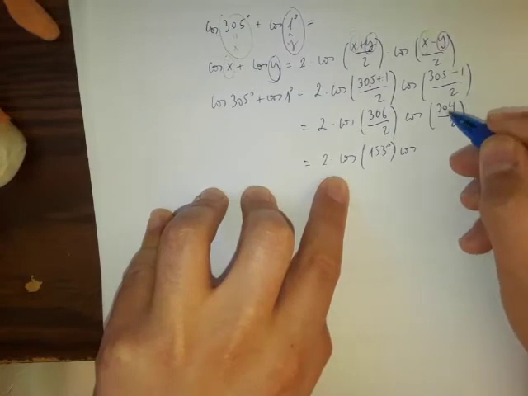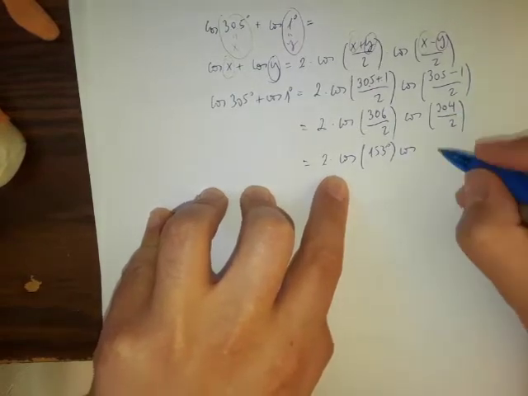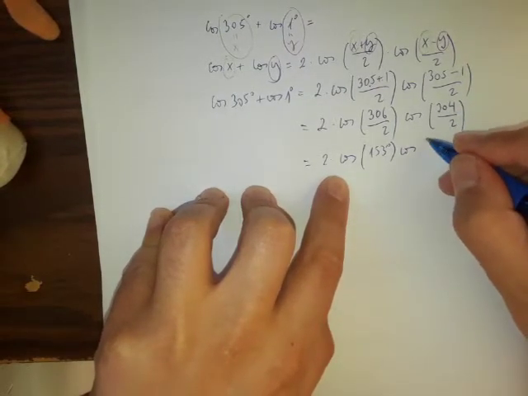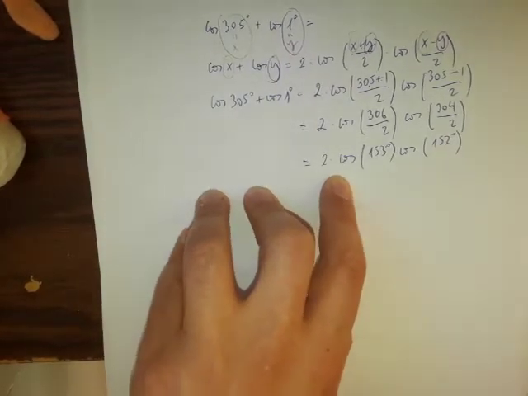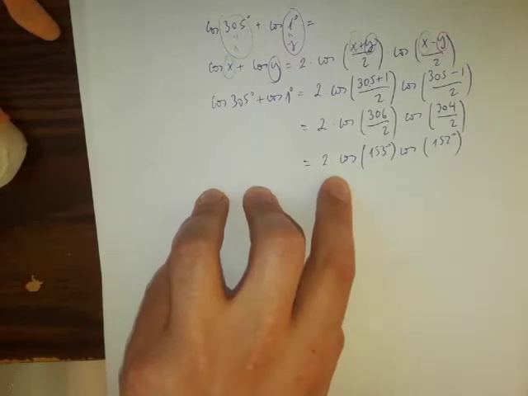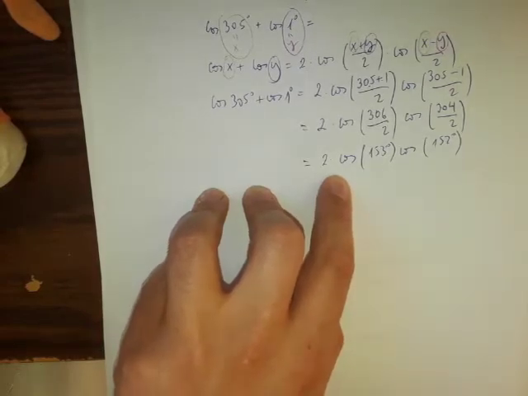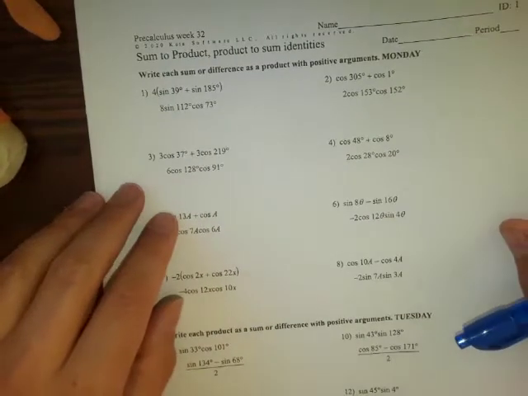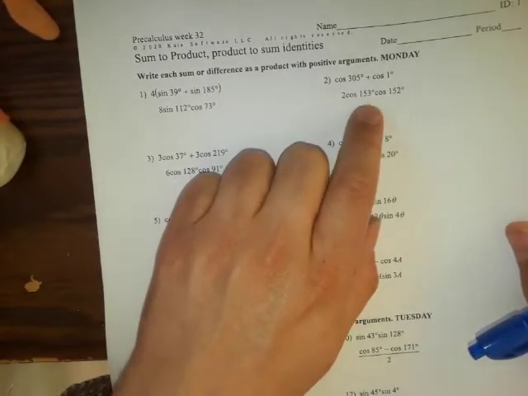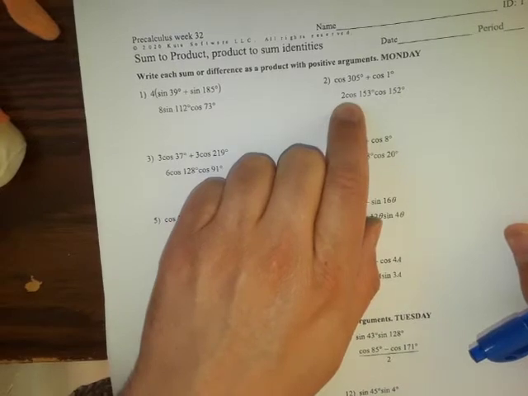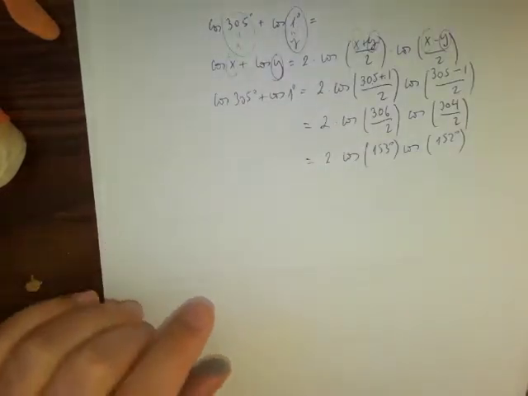While 304 over 2, it's going to be 152. Okay, and that's it. That's what they're asking us to write as a product, and we come here to see at the end of the worksheet where we have solutions, and we just check them. That's great. That's right, and we go for the next one.